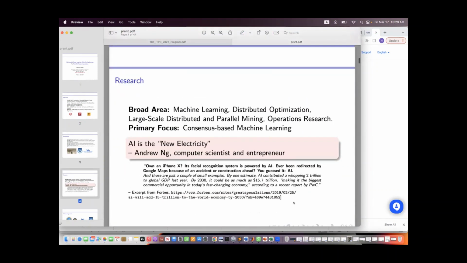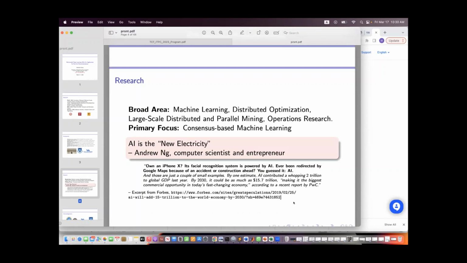I primarily work in the area of distributed optimization, large-scale distributed and parallel mining. And more recently, I work on interdisciplinary research, because I do cross into operations research in my current job.